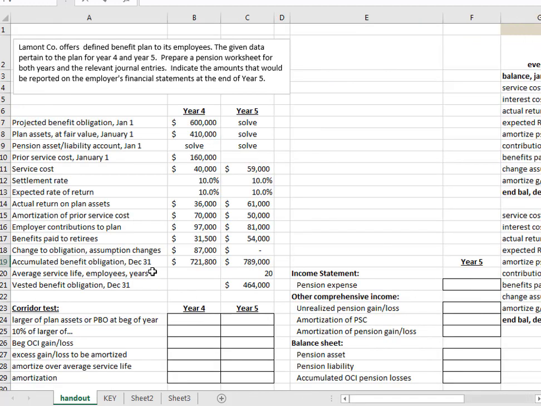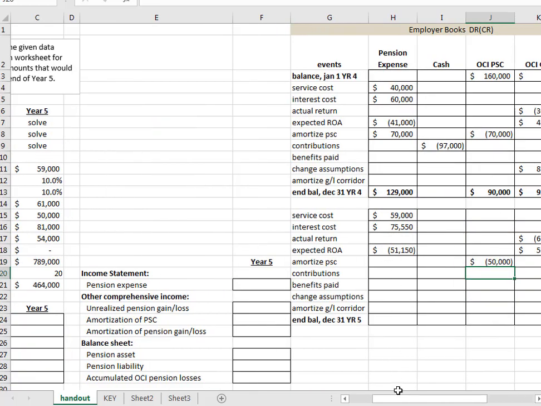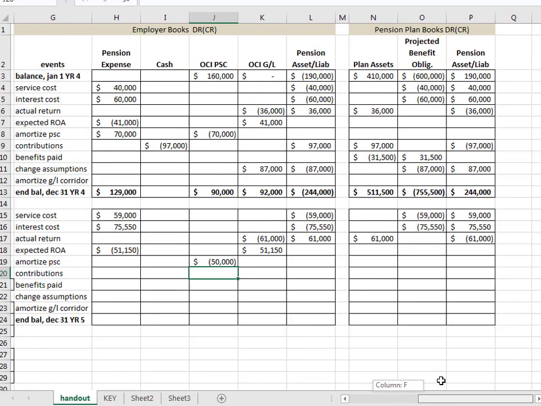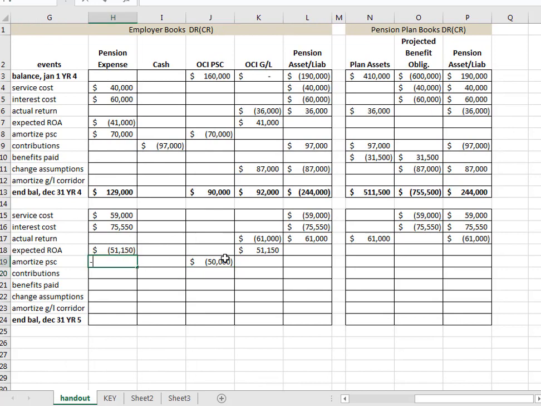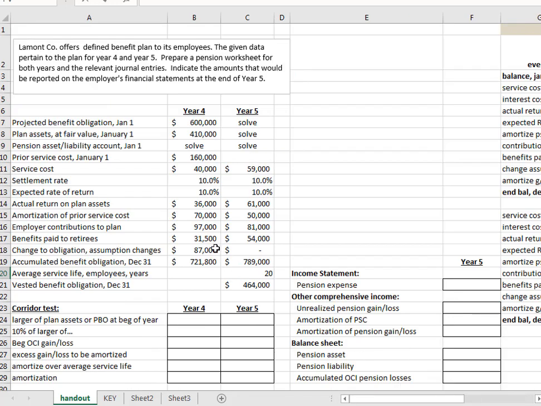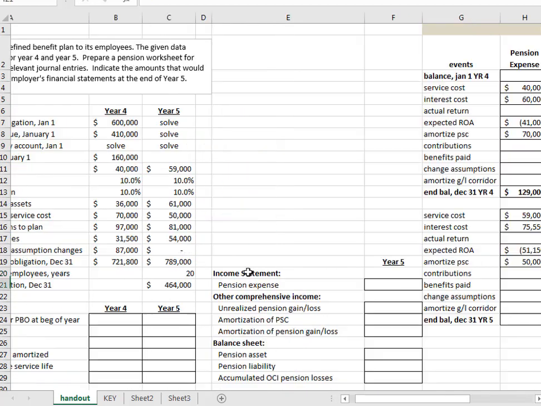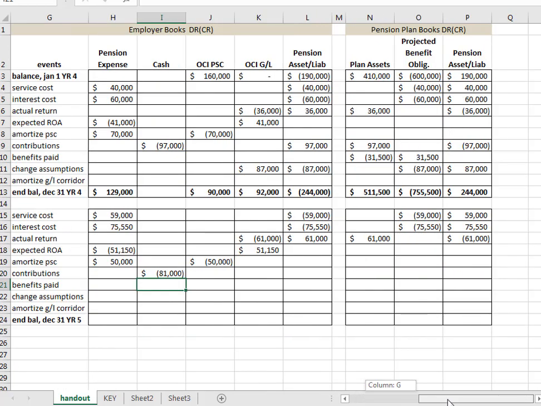All right, let's amortize the prior service costs. What did they tell us to do? There we go. And that amortization of prior service costs increases your pension expense. Contributions, I think there were some. Okay, and there may not be one in every year. Those can be sporadic. And that's going to increase assets.